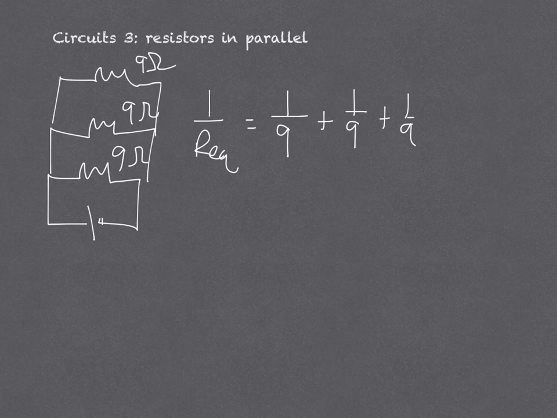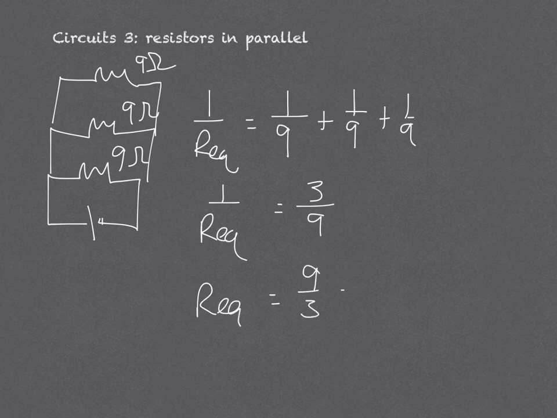All right, so all have the same denominator, so you just add up the tops. So we have 3 over 9 is equal to 1 over Req. So that Req is equal to 9 over 3, which is equal to 3 ohms. All right, so you can see there again, the value of the resistor divided by the number of the resistors. So 9 divided by 3 gives us 3.